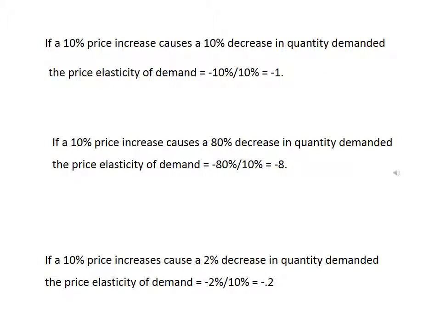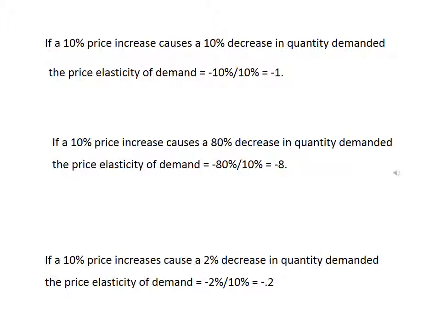If a 10% price increase causes a 10% decrease in quantity demanded, then the price elasticity of demand is just negative 10% divided by 10%, which is negative 1. And all the units cancel out, by the way, so it really is just the number negative 1. What this is saying is a percent change in price causes an equal but opposite percent decrease in quantity demanded. Now let's say in contrast, this 10% price increase causes an 80% decrease in quantity demanded.